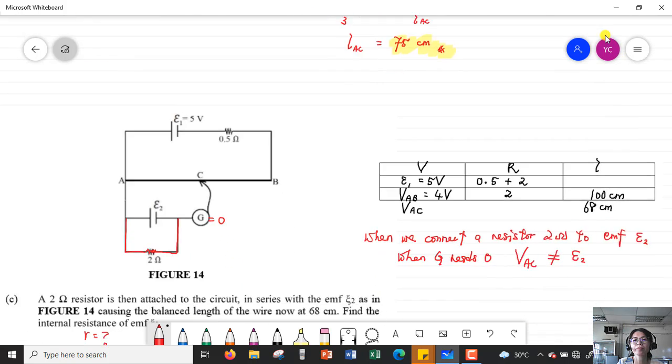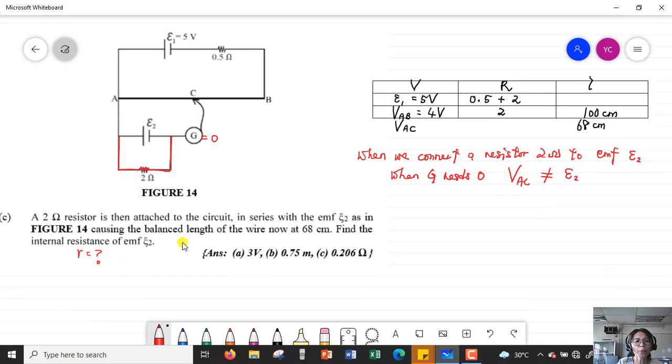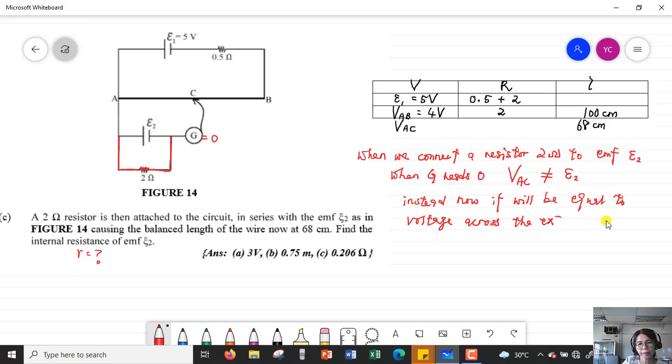But now we add an external resistor to the battery. So the voltage during the balance length AC is not actually equal to E2 anymore. Instead, now it will be equal to the voltage across the external resistor, I mean the 2 ohm resistor.